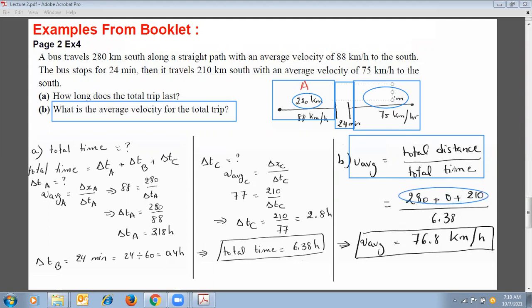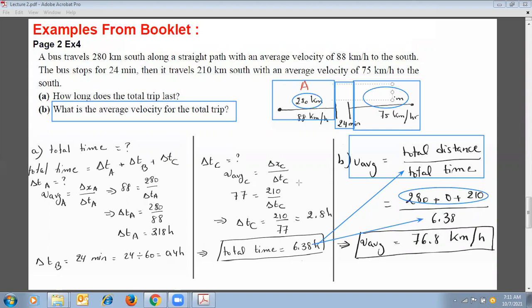Then you divide by total time, which we have just calculated over here. And we get the average to be 76.8 kilometers per hour.